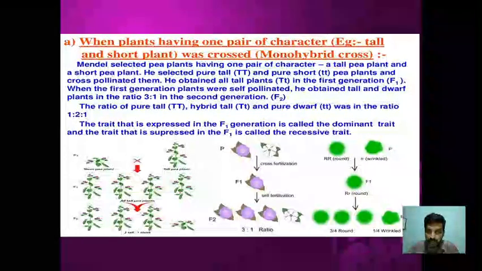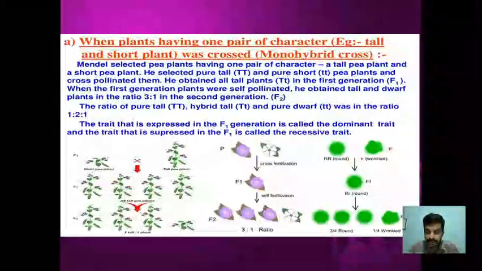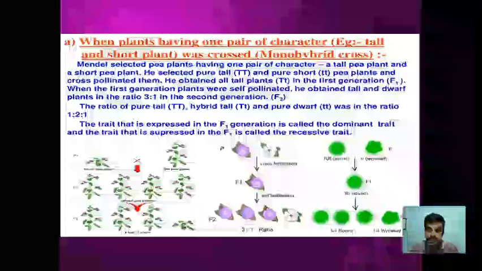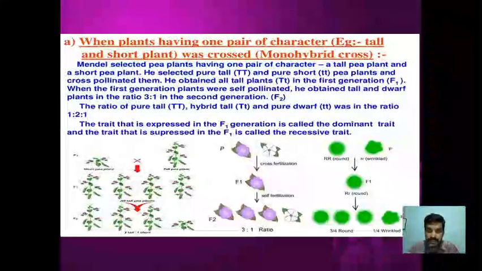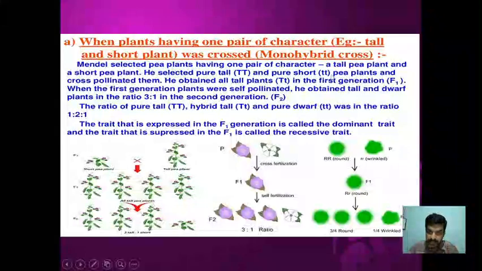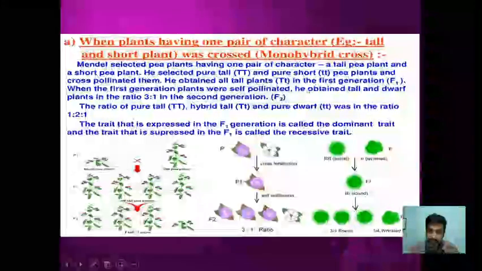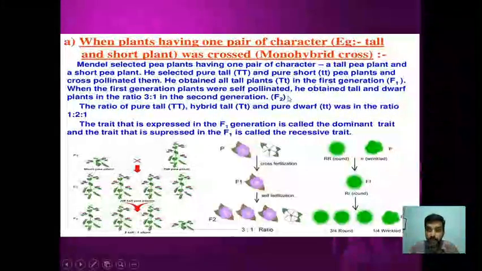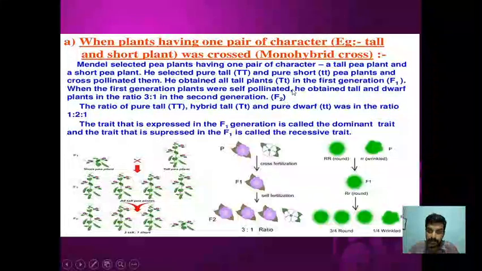And a short plant crossed with a short plant, he got only short plants. Once again he got short or dwarf plants. Next also he crossed. So for many generations, maybe 5-6 generations, if the alleles are not segregated and the trait is not changed, such plants are called pure breeding plants, or true breeding plants, right?